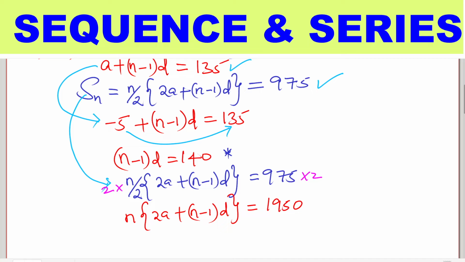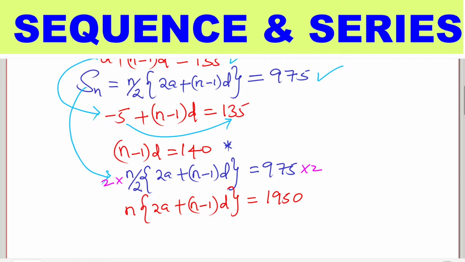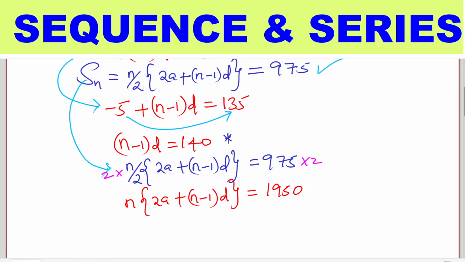Then after doing that, there's something else we can still substitute here. Remember a is given as -5, so we can substitute that. And then I'd like you to look at this. N minus 1d is equal to 140.